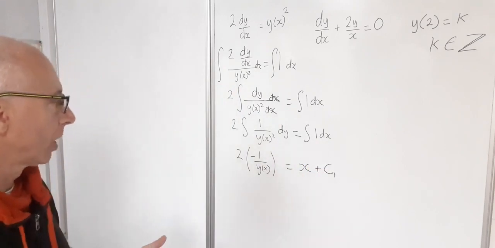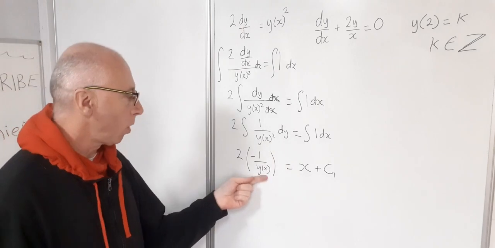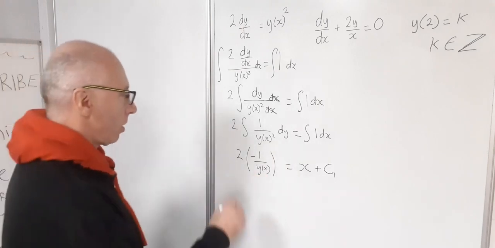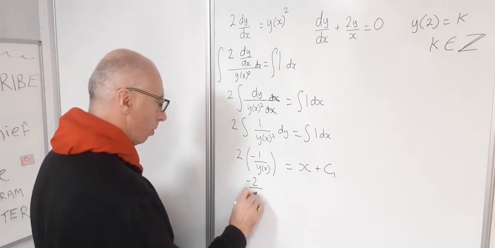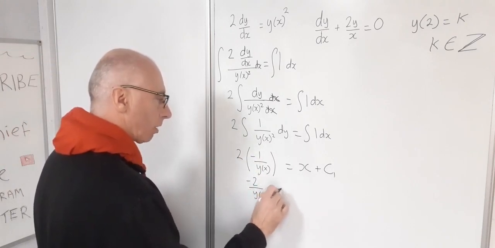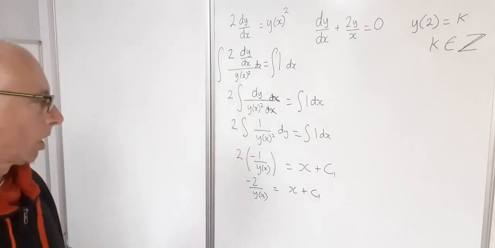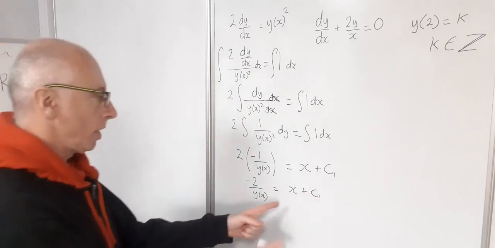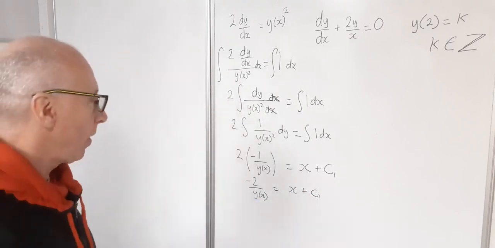So now I need to just simplify this off a little bit and try and get my y of x isolated. So my 2 I can just bring inside, so I've got minus 2 over y of x equals x plus c1. Okay, so now all I need to do now is bring this over to this side and set it equal to my y of x.